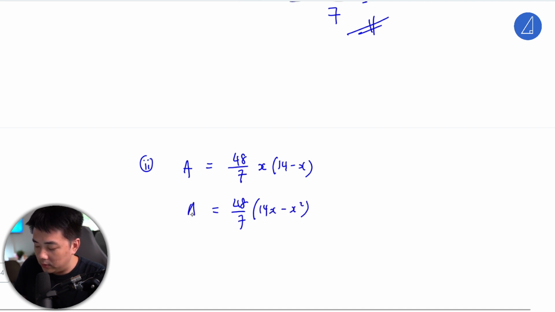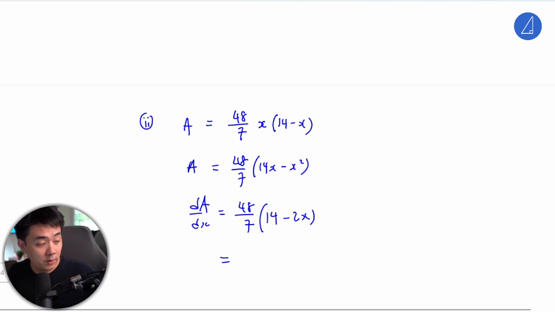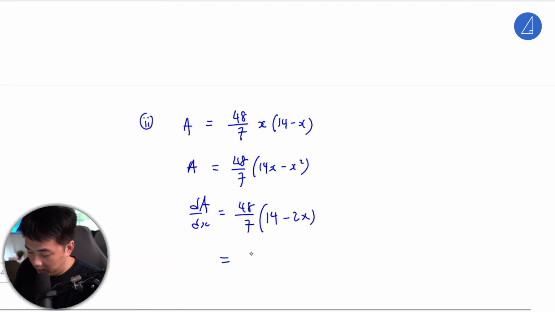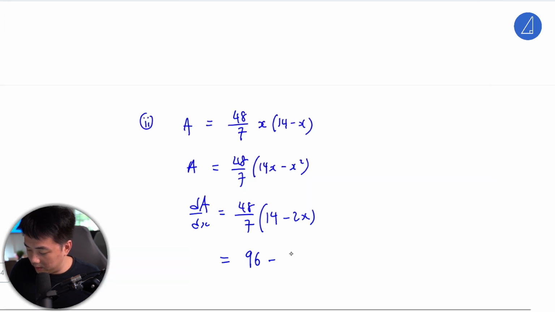I don't want to use the product rule. dA/dx will just be 48 over 7. This is a constant, leave it outside. So this will be 96 minus 48 over 7 multiplied by 2x. That will be 96 minus 96 over 7 x.